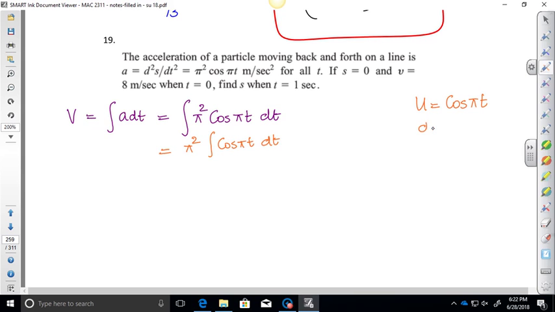So what is du? No, I don't take u as cosine pi t. What would I take? Just pi t, yes. Don't take cosine with it. So du is pi dt, so dt is 1 over pi. See, that's why we are dividing by pi when you have a constant with it.